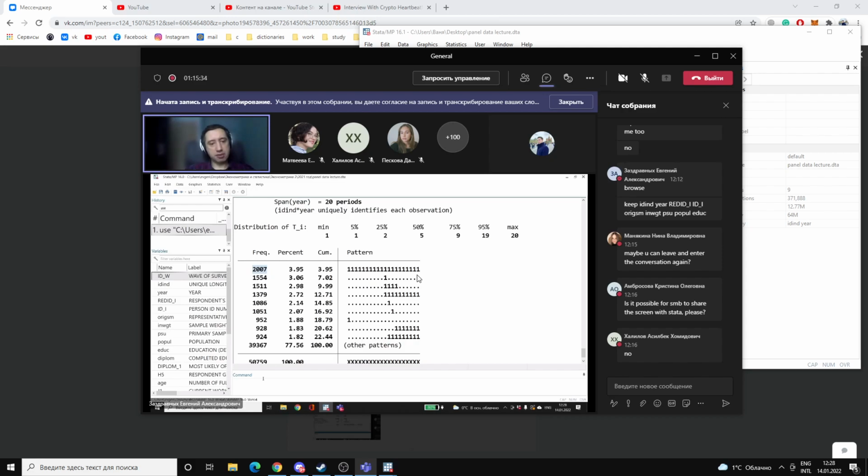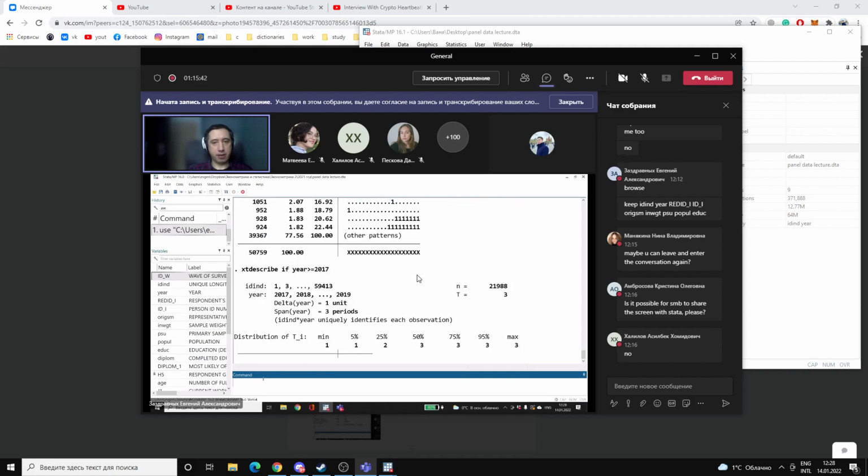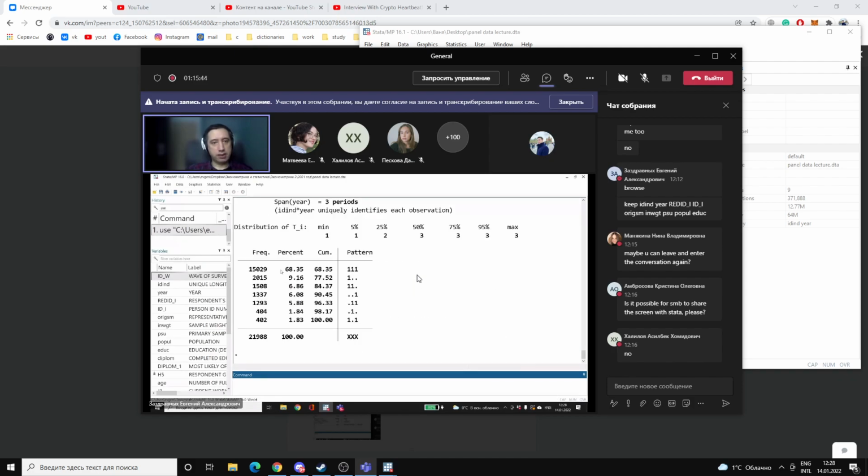For sure, if we observe a short panel, for example, if our panel starts from 2017, look, now 70% of our sample of 15,000 respondents could be covered by our analysis.